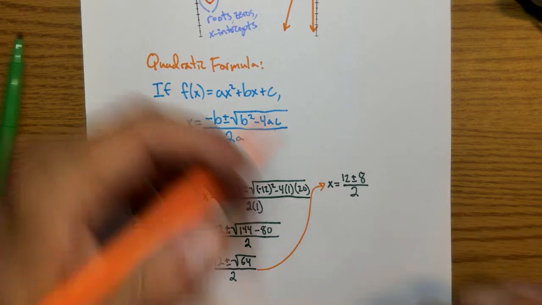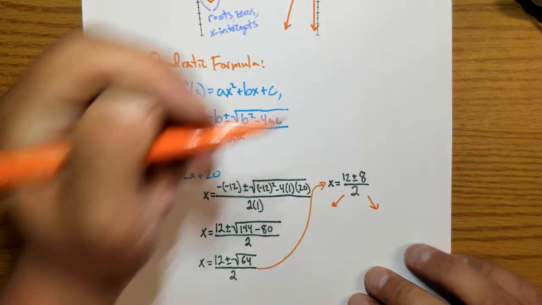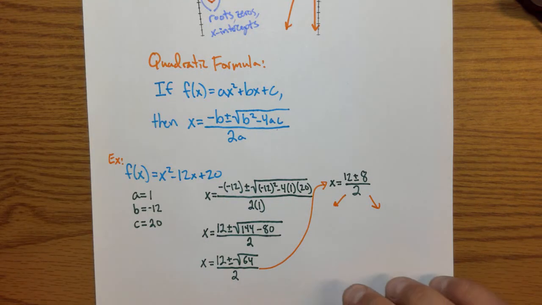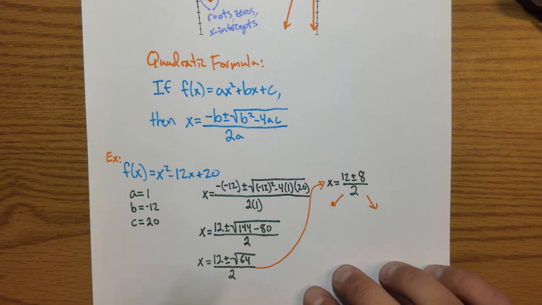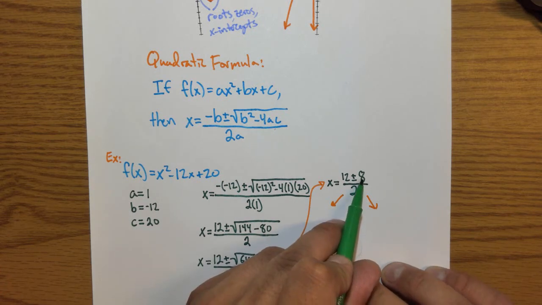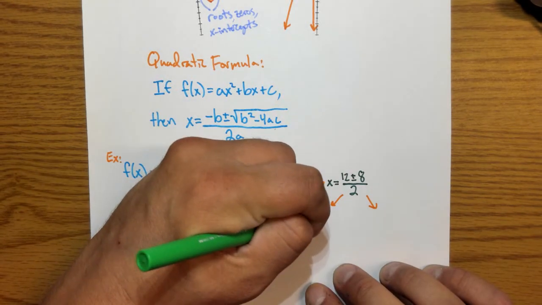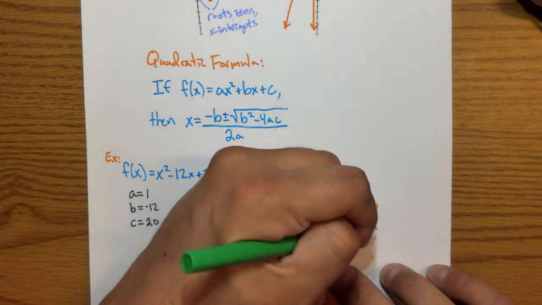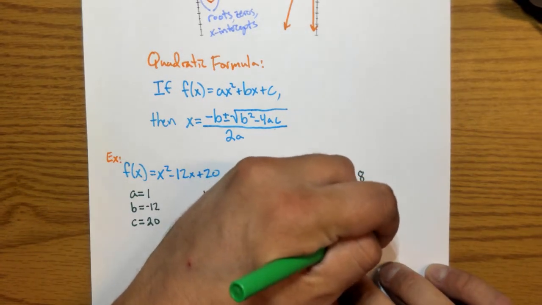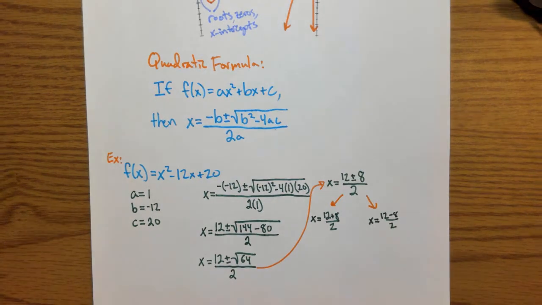So at this point, we're going to split this equation up into two separate equations, because we're going to get two answers with this, and we normally always do. The only exception is if we have a 0 right here. So we're going to have x equals 12 plus 8 divided by 2, or x equals 12 minus 8 divided by 2. So again, I just split it up.